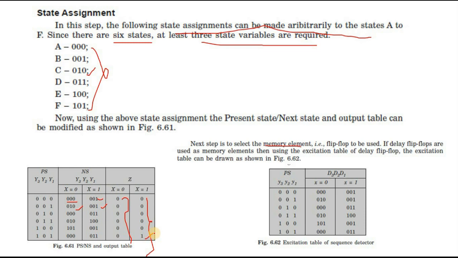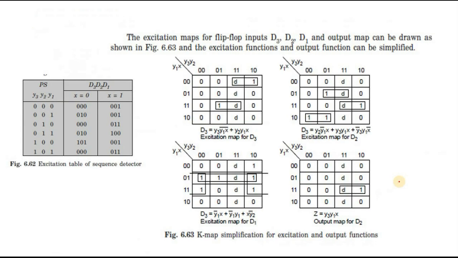By using this table, I mean I'm talking about this table, what I have to do is from this table find the outputs. So I mean to say that D3, D2, D1, I want to find the expressions.